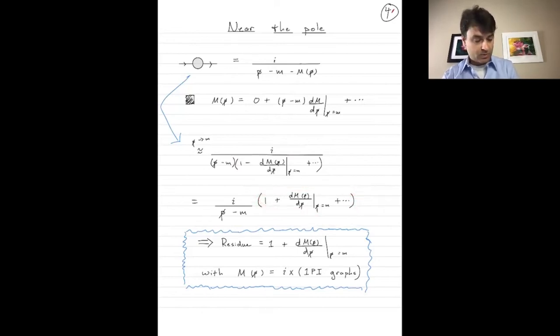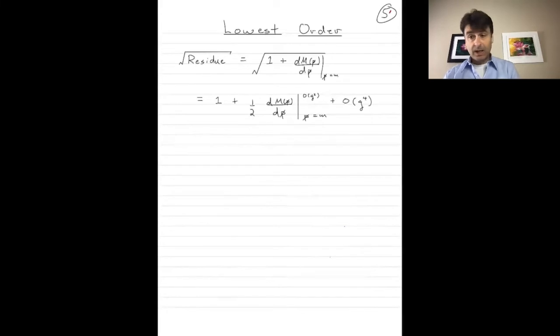So the residue is 1 plus this derivative with p slash equal to m. And we know that the capital M, what I call the capital M up here, is just i times the sum of single particle irreducible graphs. And again, finally, we can do the lowest order calculation.